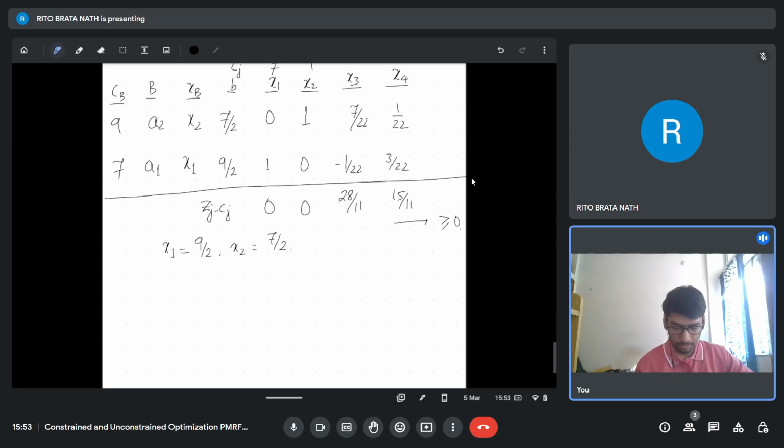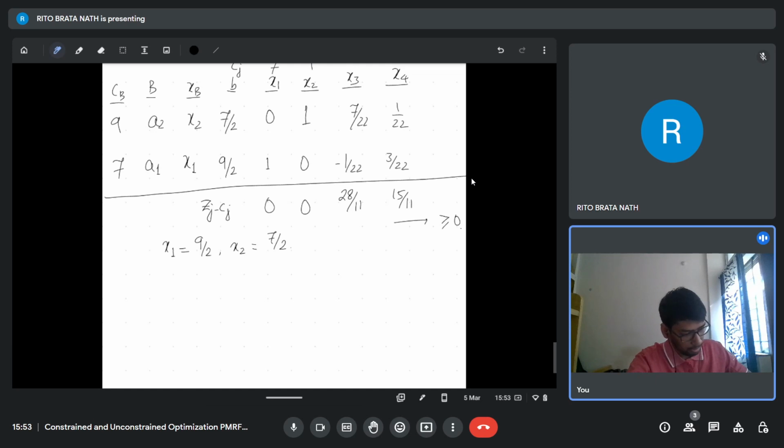Let me just do one more step in this problem because the rest of it will be standard. So the Gomory cut you can add corresponding to say x2. Now, if you notice, the first equation, you can think of it as x2 equals 7 by 2 minus 7 by 22 x3 minus 1 by 22 x4, right?